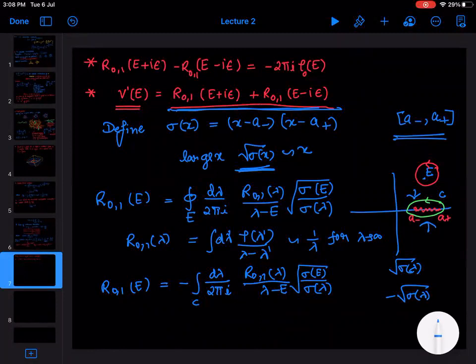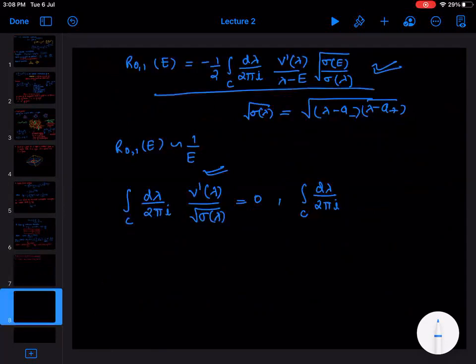I introduced it so that I can write down an expression for R0, 1. So this is something that I introduced for my convenience. You can say that it's a trick to write down an expression for R0, 1. This is one way to write it, but you can also derive it in other ways.